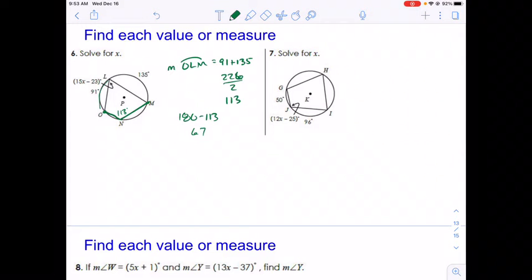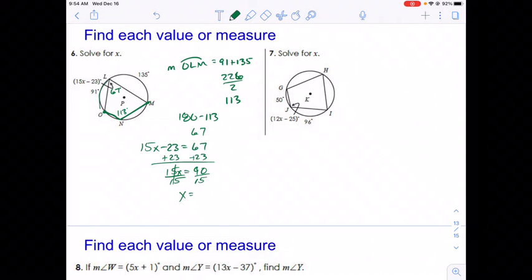So then you can take this angle, 5x minus 23 is equal to 67. And then it's a matter of just solving for x. So add 23. It's going to be 90 is equal to 15x. And x is equal to 6.